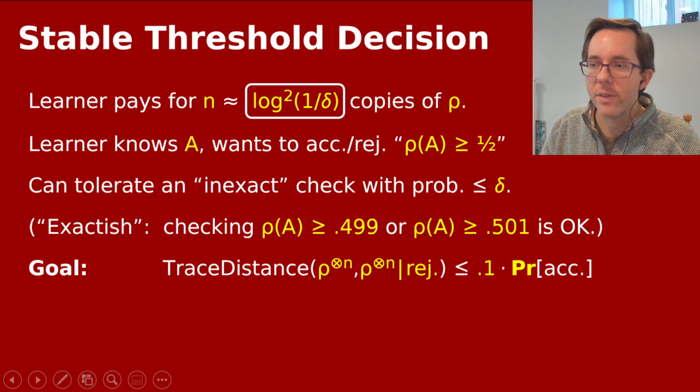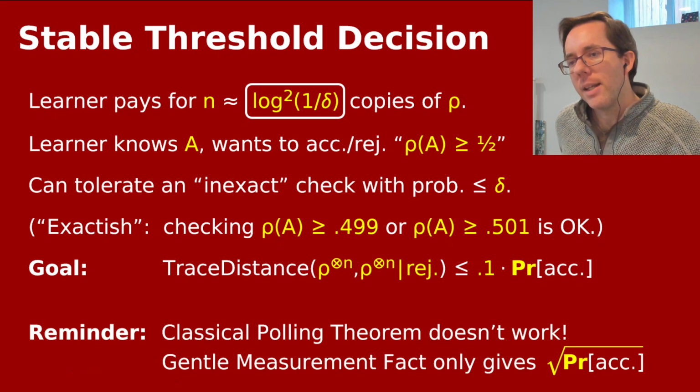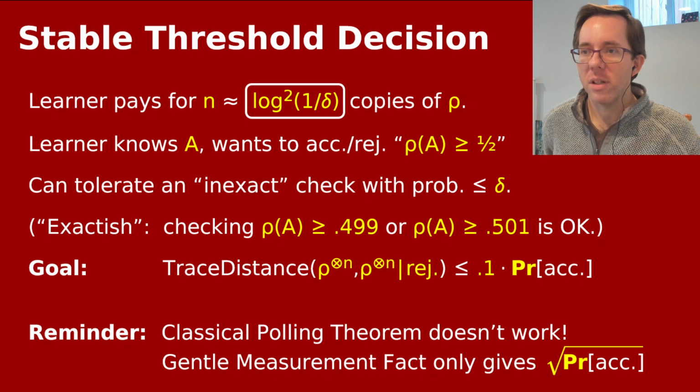So, better than the square root relationship that comes from gentle measurement. As we said, the most naive thing is to just do classical polling. Just take your n copies and measure A n times and see if you got more or fewer than half outcomes of A. But this has too much disturbance, too much damage to our state.